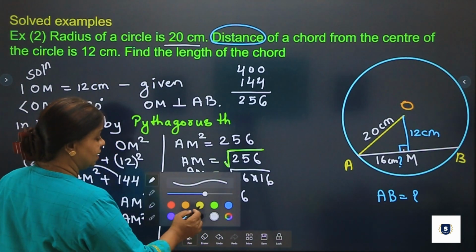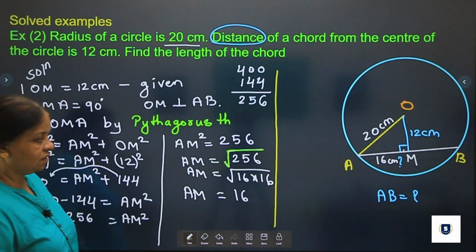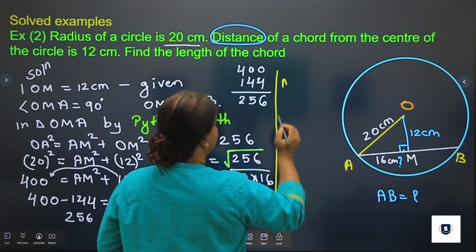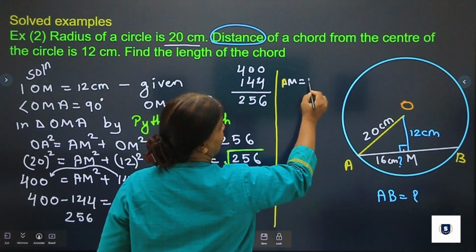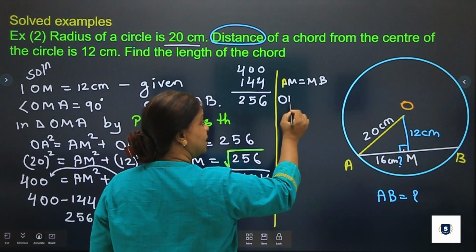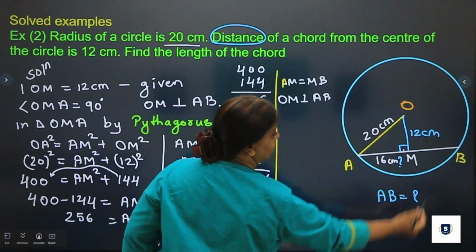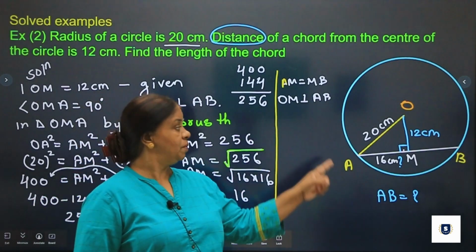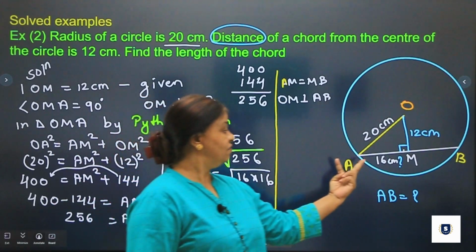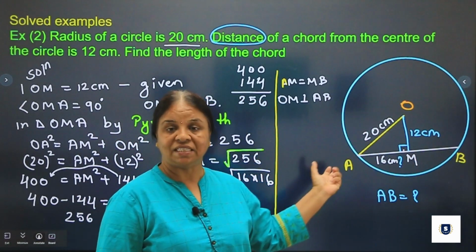If AM is 16 centimeter, children, we know that AM is equal to MB. And why is AM equal to MB? If OM is perpendicular to AB, then AM will be equal to MB. If you draw a perpendicular line from O to M, then that perpendicular line will bisect the chord.